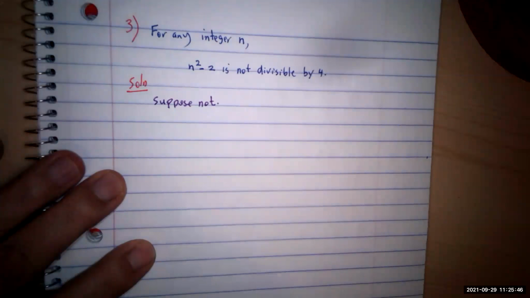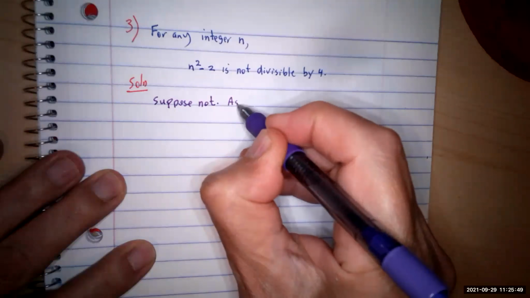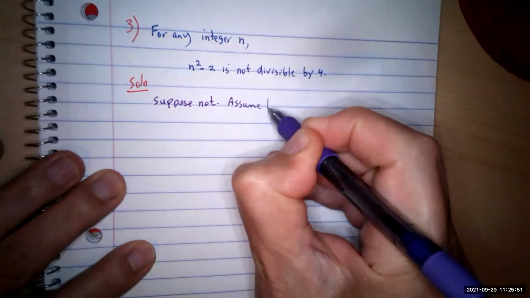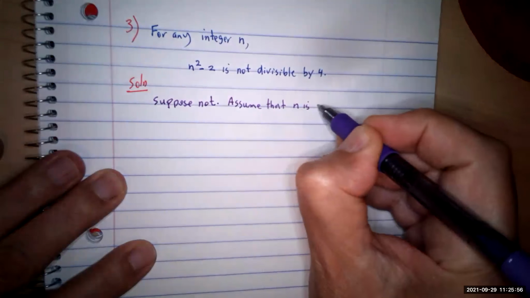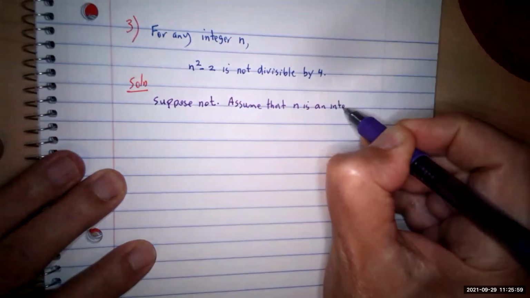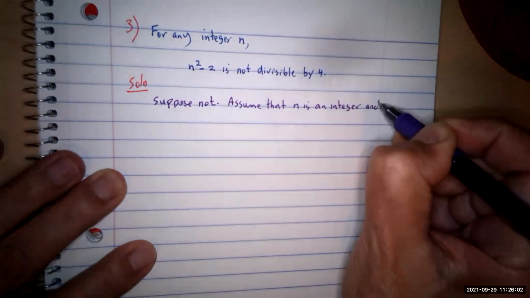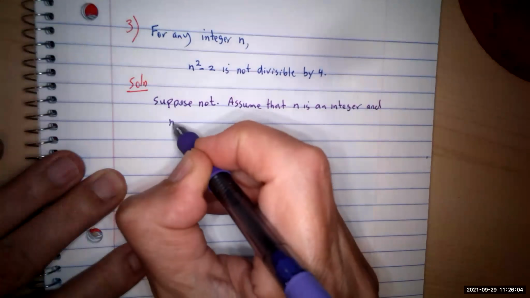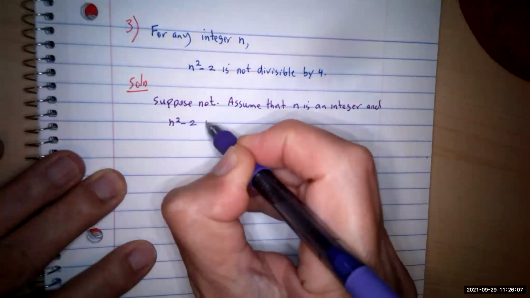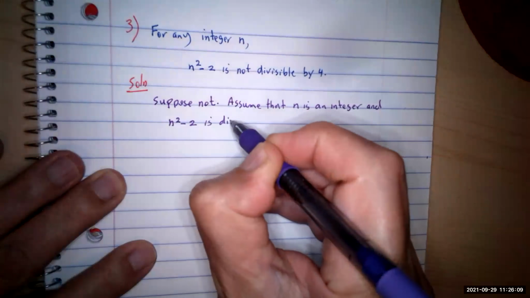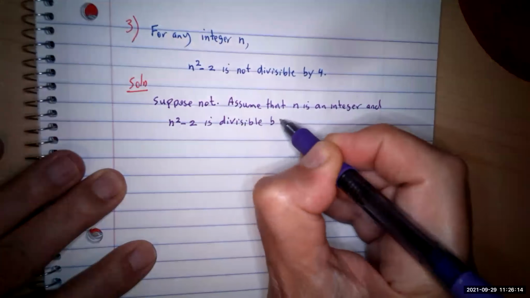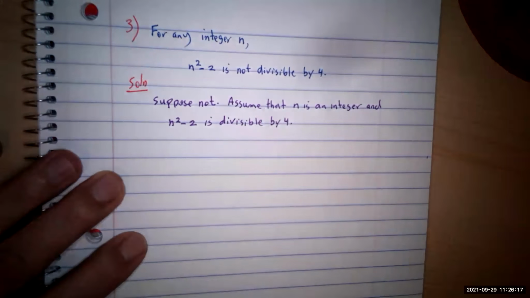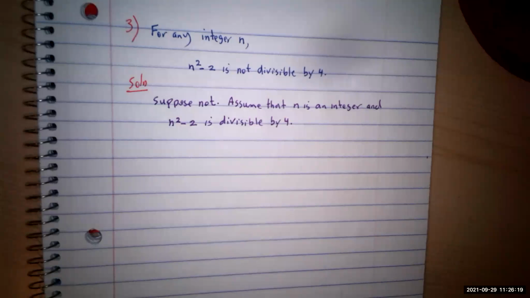Suppose not means you assume that n is an integer and n squared minus 2 is divisible by 4. And we have to work on this one to see how we arrive at a contradiction.